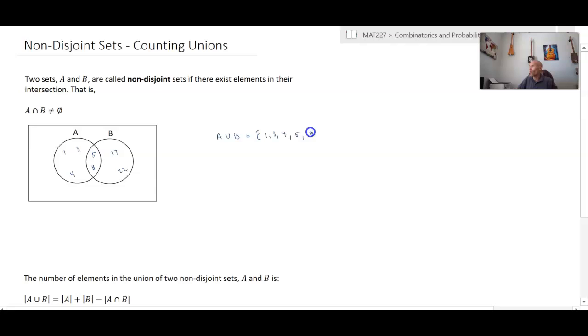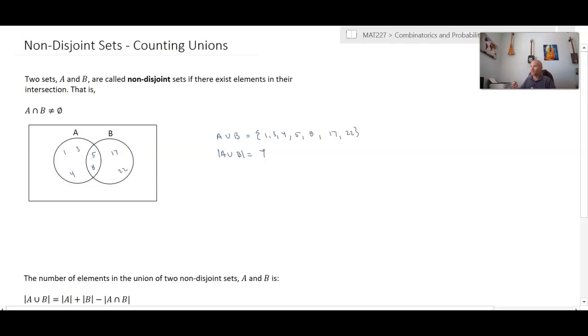We don't list them twice because sets do not contain duplicates. Then 17 and 22. And right away we can see that the size of that union is 1, 2, 3, 4, 5, 6, 7 distinct elements in total.